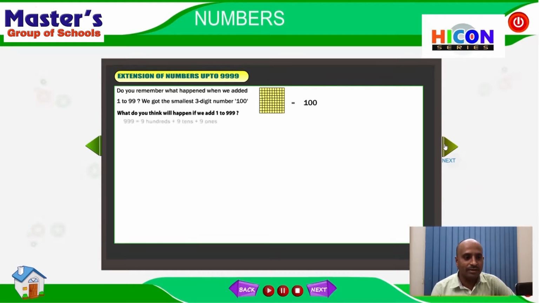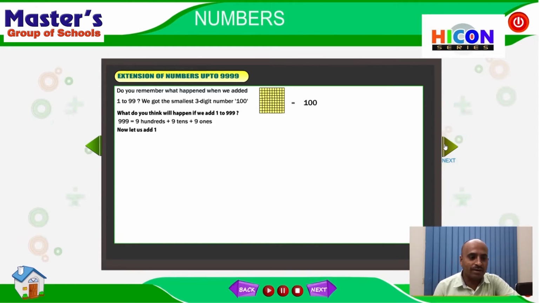What do you think will happen if we add 1 to 999? 999 contains 9 hundreds, 9 tens, 9 ones. Now let us add 1 to 999. So 999 plus 1 is equal to 9 hundreds plus 9 tens plus 9 ones plus 1.